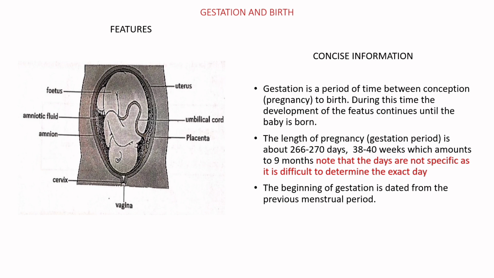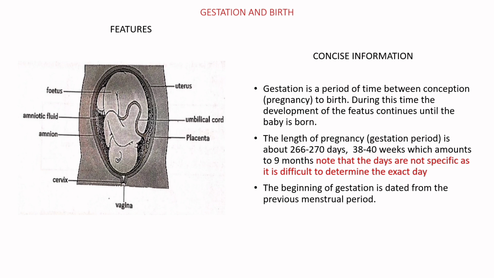So how do you now know that gestation has begun? After sexual intercourse, when a woman stops experiencing menstruation, that's when you start calculating gestation. That's when a woman becomes pregnant.